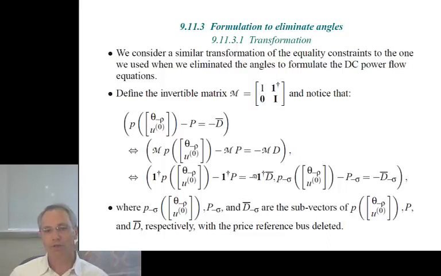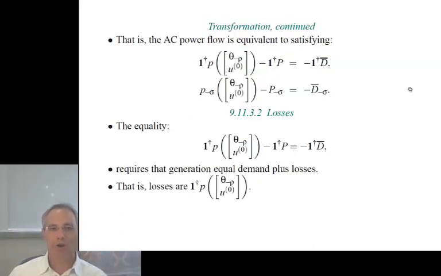One of them, notice, is power balance with an additional term compared to what we've seen before that represents the losses, and then a term that looks quite similar to what we saw before in the DC power flow formulation. So the AC power flow is equivalent to satisfying this first single constraint together with these other constraints.